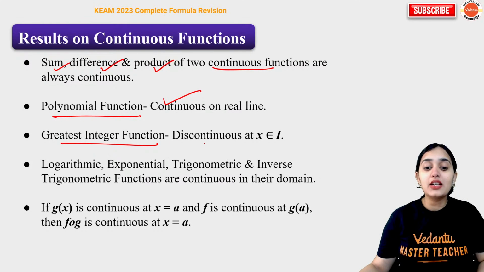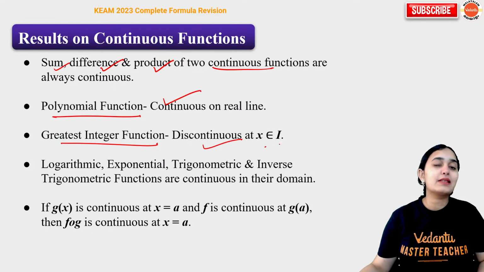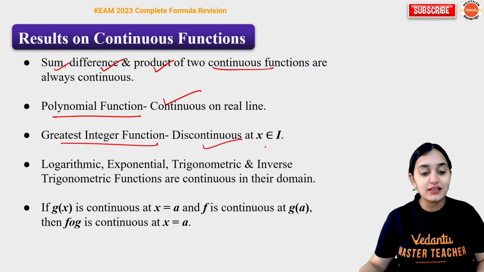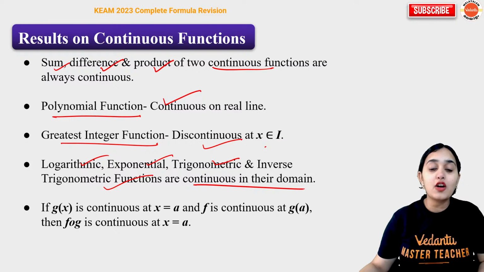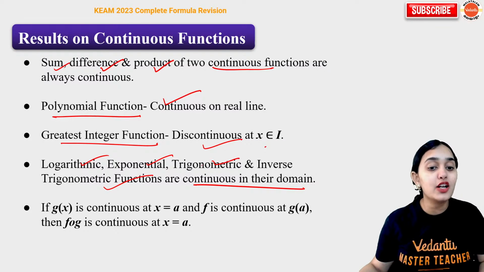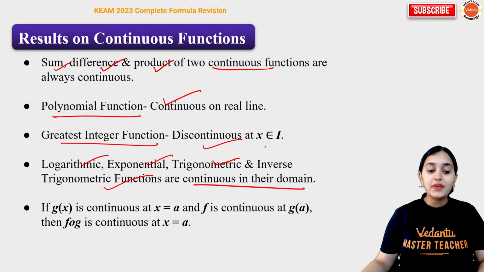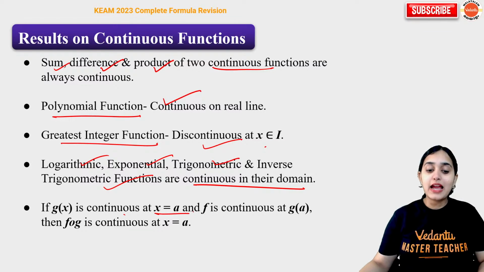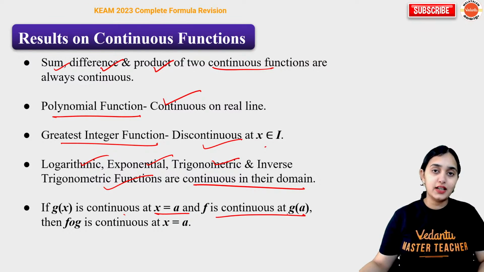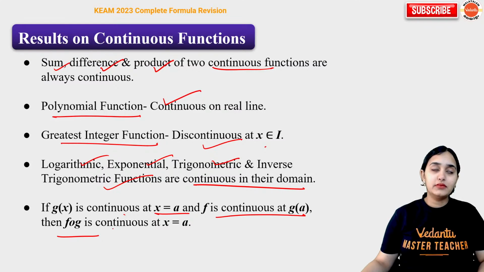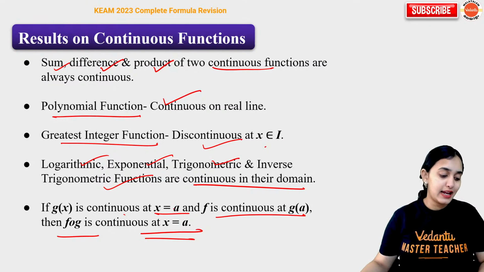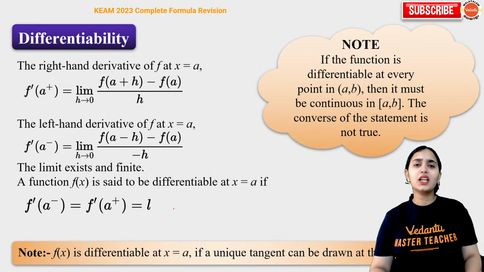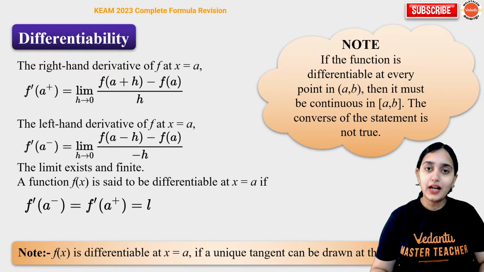Greatest integer function is discontinuous when x belongs to integers. Logarithmic, exponential, trigonometric, inverse trigonometric functions are always continuous in their domain. And if g(x) is continuous at x equal to a and f is continuous at g(a), then their composition f of g will be continuous at x equal to a. These are some results based on continuity.